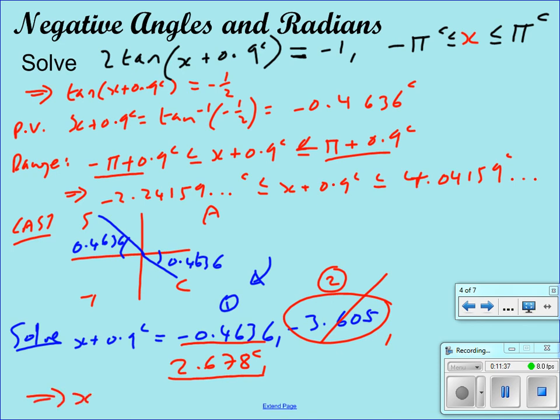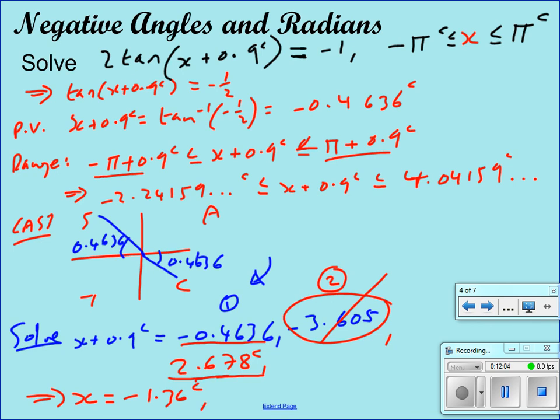So therefore I get x equals, we're just minusing 0.9 from either side, so minus 0.4636 minus 0.9 gives me minus 1.3636 radians, which will be minus 1.36, because remember we're doing it to 3 significant figures.